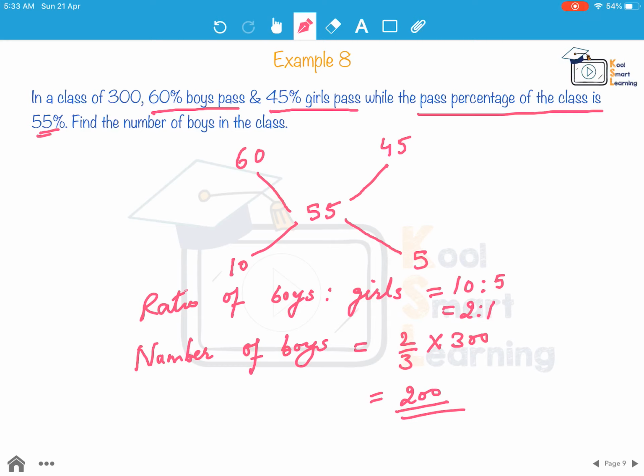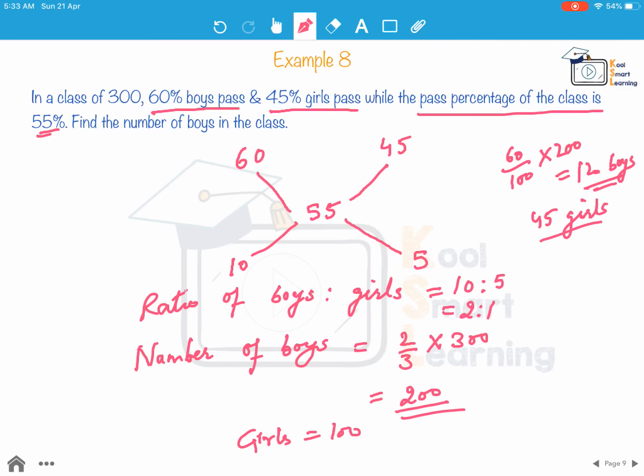We can also double check in some cases. Let's do it here. 60% of the 200 boys pass, which is 120 boys. 45% of the girls pass, and the girls count is 100, so 45 girls pass.